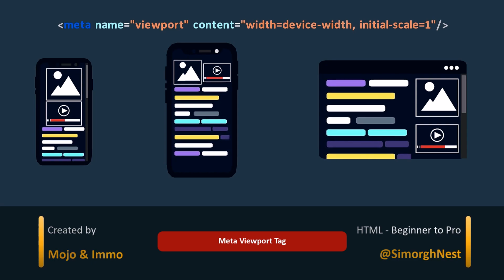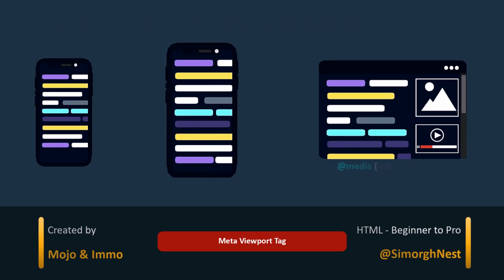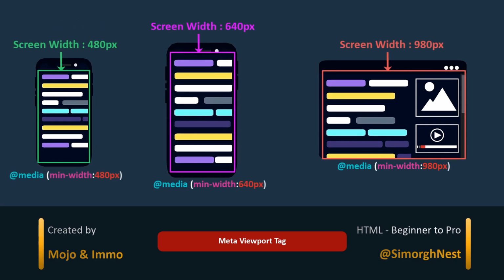Otherwise, the media queries won't work properly. For example, if the virtual viewport is set to 980 pixels, any media queries targeting 640 pixels, 480 pixels, or smaller screens will not be applied. This limits the effectiveness of responsive design techniques.